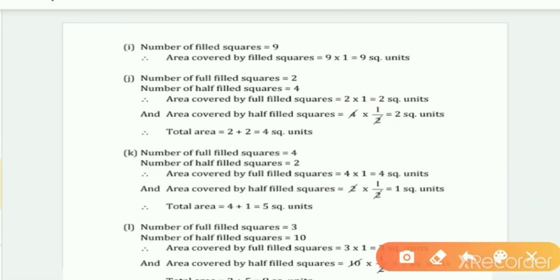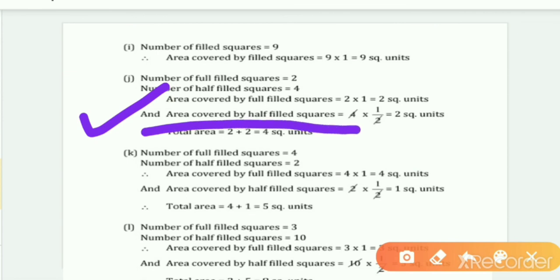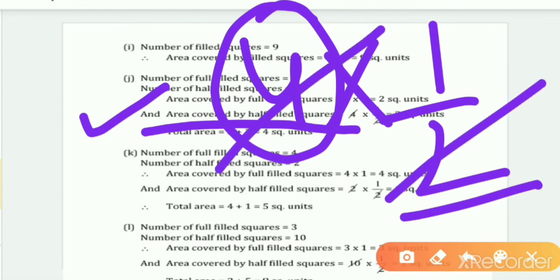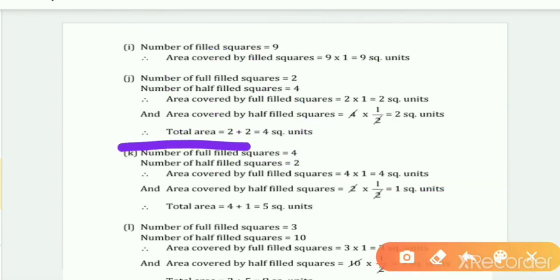Now at last, area covered by half filled squares will be, we are having 4 half fills, so it will be 4 multiplied by half, because total are 4 and 1 contains half. Okay, so 2 cut by 4, it will be 2, so it will be 2 square units. Okay, so therefore total area will be 2 plus 2 equals to 4 square units.